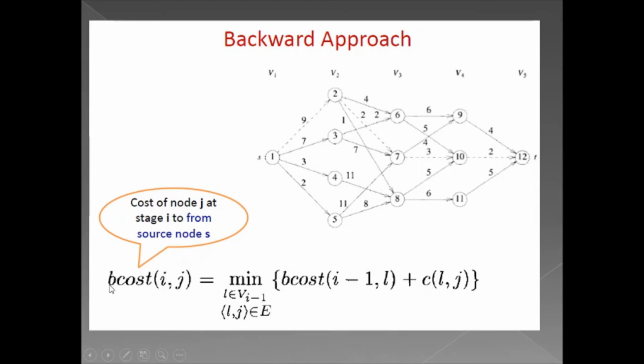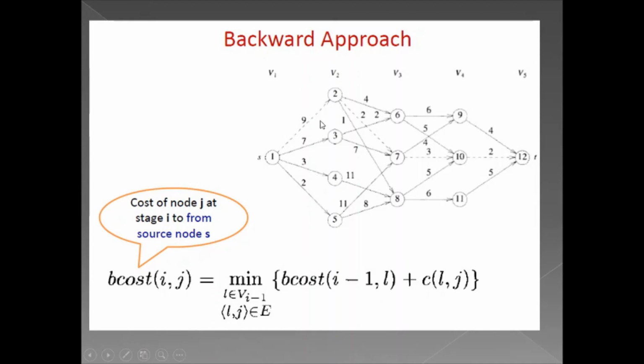So backward cost of (i, j), where j is the node and i is the stage number, will be found by taking the minimum of cost(i minus 1, l), that is the cost of the vertex l which is present in the previous stage, plus c(l, j), the edge cost of l to j.